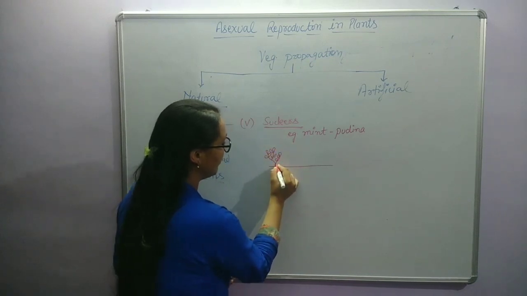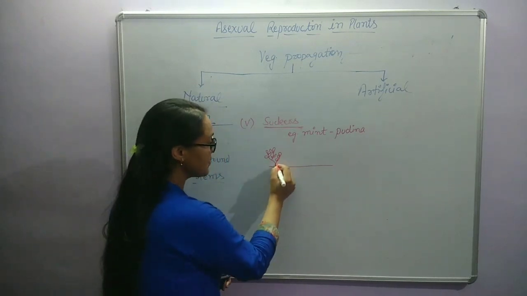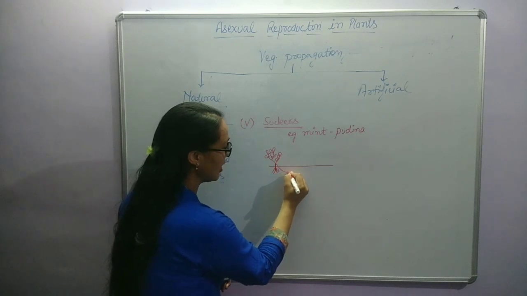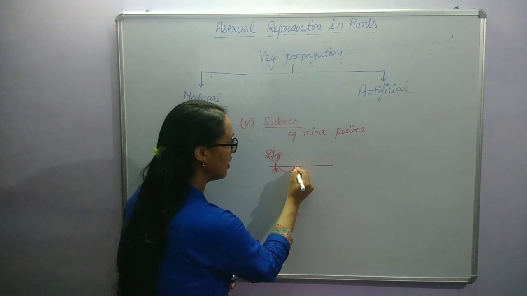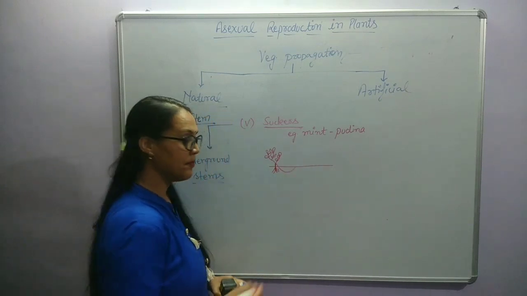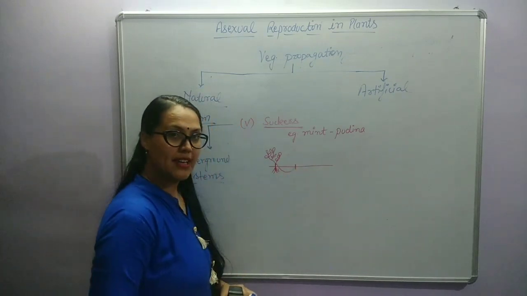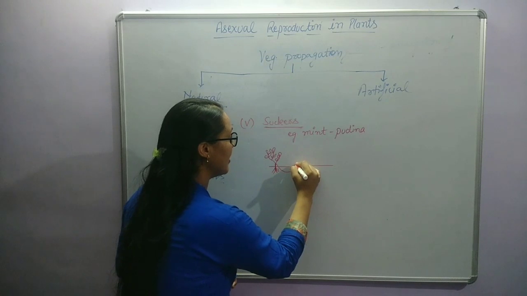From a node, a horizontal branch arises. This branch goes underneath the soil, and when it reaches the soil, when it touches the soil, here it will again give rise to a new plant, and roots and shoots will develop.